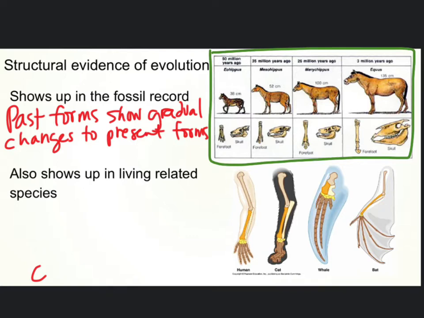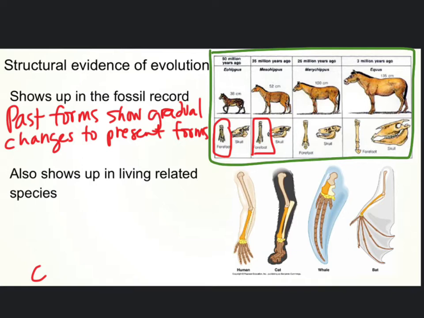That's one piece of structural evidence. For instance, in the horses, this earliest horse ancestor has more defined toes, like you see on a cat or a dog. Over 50 million years, some of those bones in the foot start to fuse, because the ones that were able to run harder and faster on that fused bone were more successful at getting away from predators.